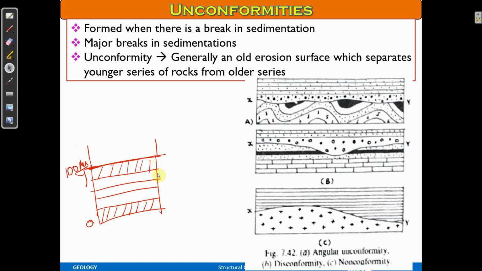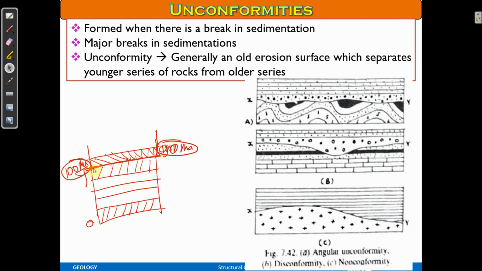So these are forming sedimentary rocks later. The deposition of sediments is happening, okay? So these layers were deposited, suppose, 90 million years ago. So 100 million years ago and 90 million years ago.